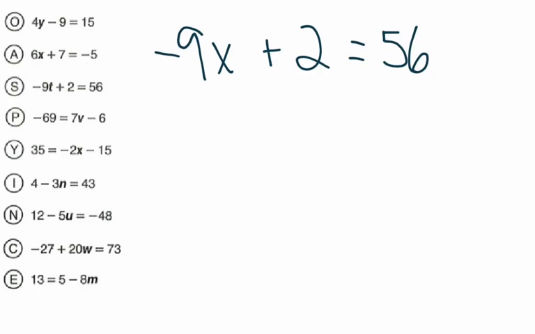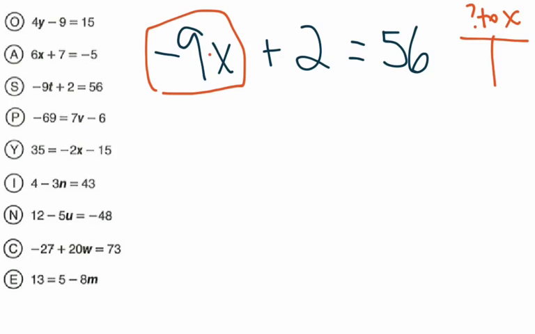Okay. So the two things that are happening to x. X is actually being multiplied by -9 because they're side by side, and there's no gaps and nothing like that. So x is being multiplied by -9, and it's being added by 2. Oops, I wrote that in the wrong place.